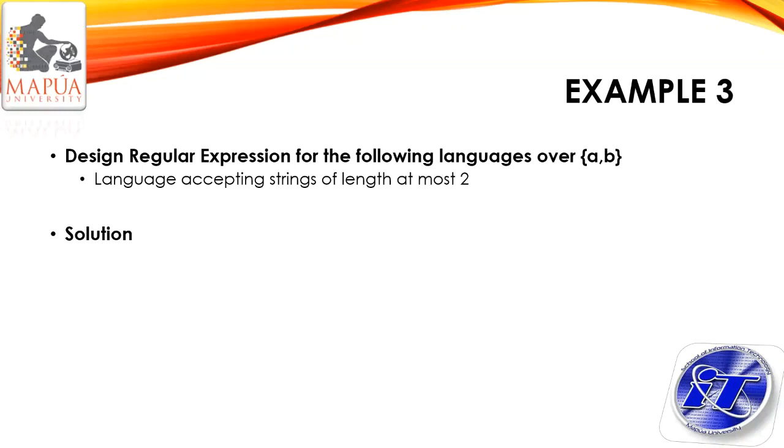Now, let's move on to example 3. Now, accepting strings of length at most 2. So maximum of 2. It means lengths 0, 1, and 2 will be accepted. So it is finite, and we could list all the acceptable strings, which are epsilon, A, B, AA, AB, BA, BB. Epsilon means no string, no length could be accepted by our FSA.